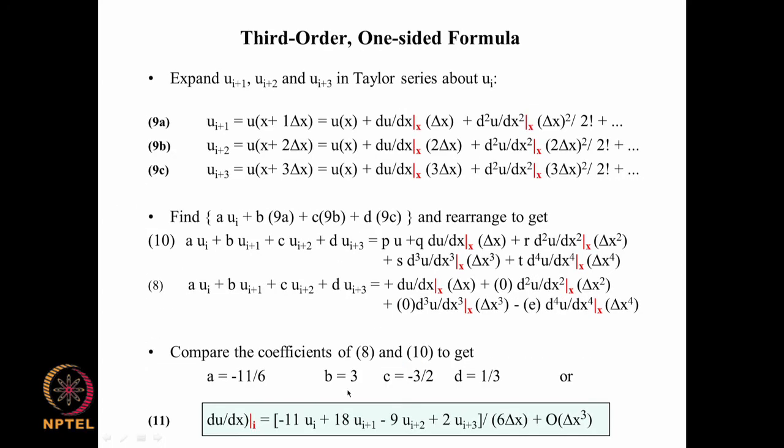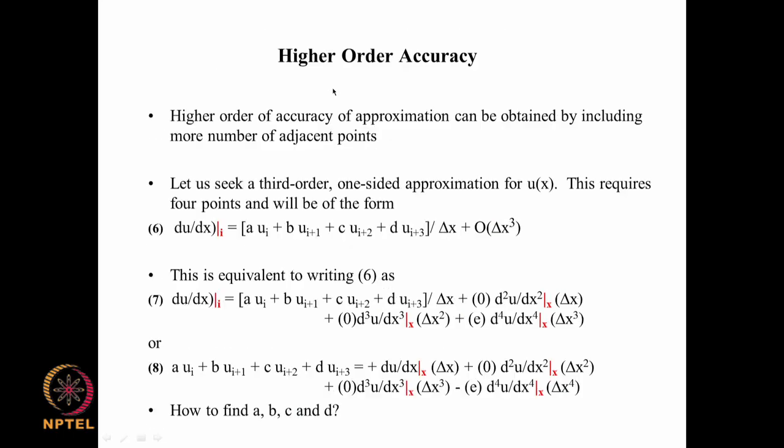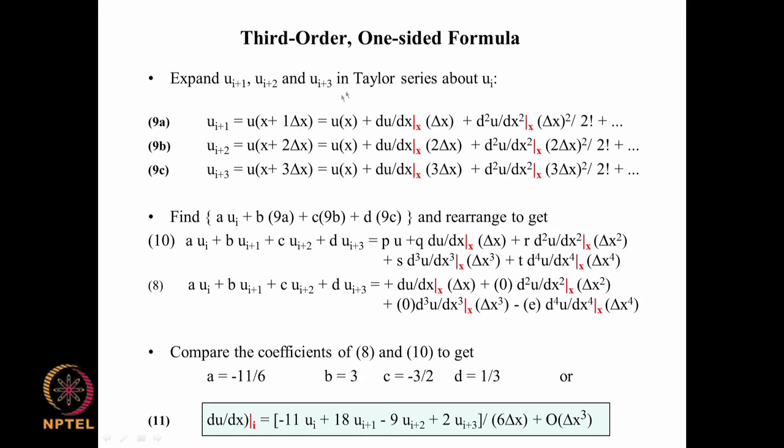And in order to find this a, b, c, d, what we do is that we expand u_{i+1}, u_{i+2}, u_{i+3}, which are appearing in this proposed formula, in terms of Taylor series about point i. Okay.